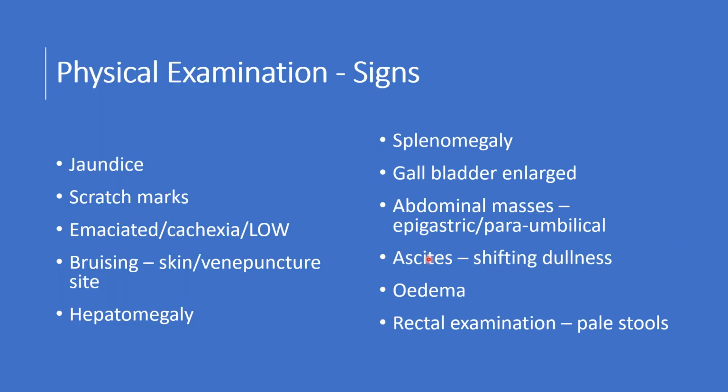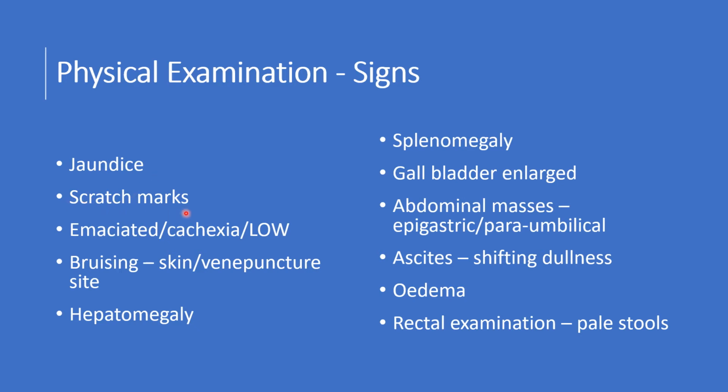Now, after the history, you have to do a thorough physical examination to pick up the signs that usually accompany obstructive jaundice. They are clinically jaundiced, and the places to look are the eyes, the mucous membrane over the oral mucosa, especially under the tongue, and the skin, especially over the palms.